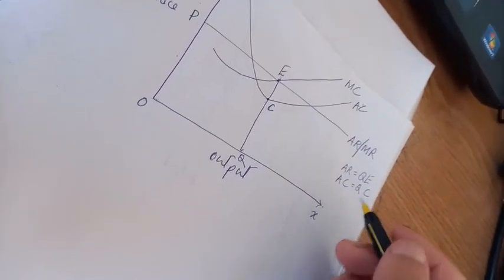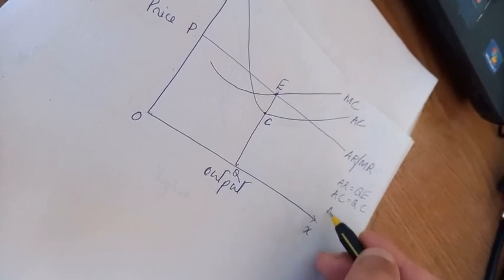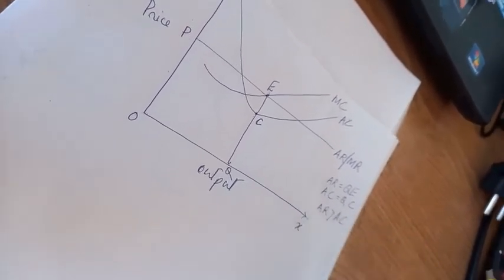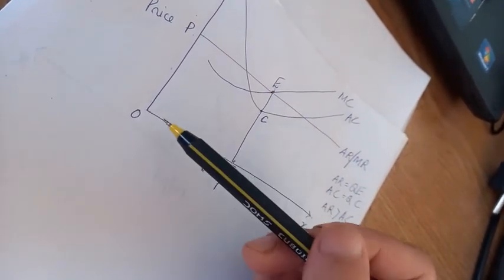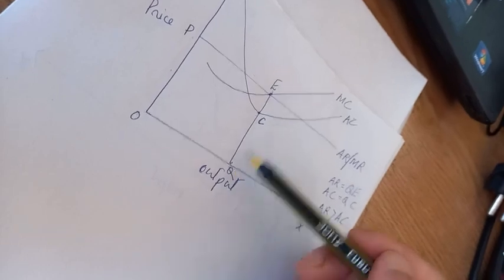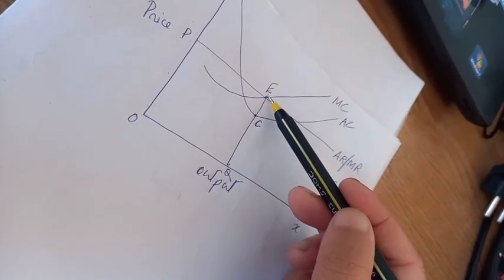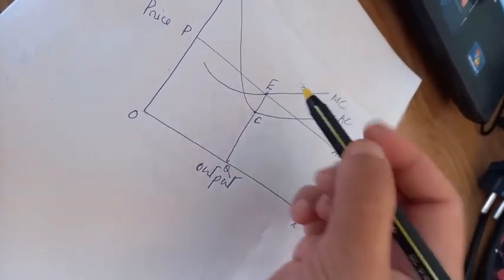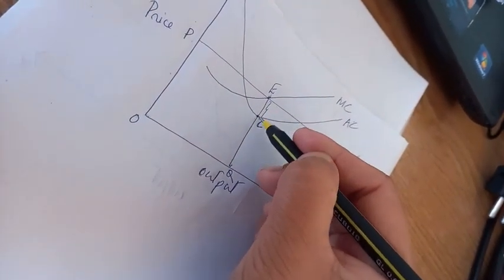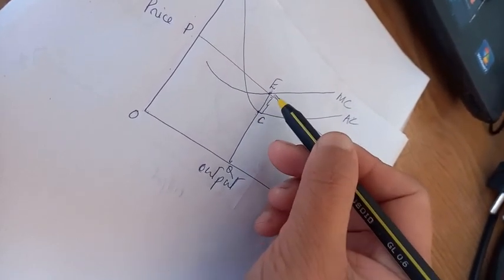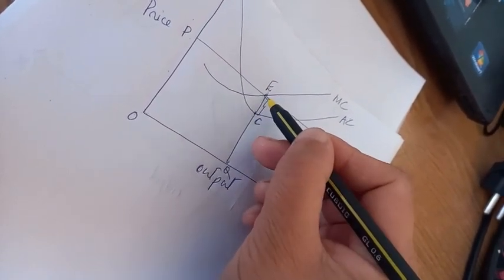What we can see here is that AR is greater than the average cost, which means on producing OQ as output, the firm is enjoying QE as the average revenue and its average cost is QC. And this portion, EC, is the profit per unit.